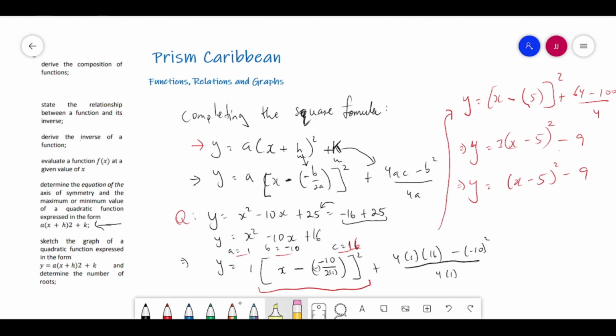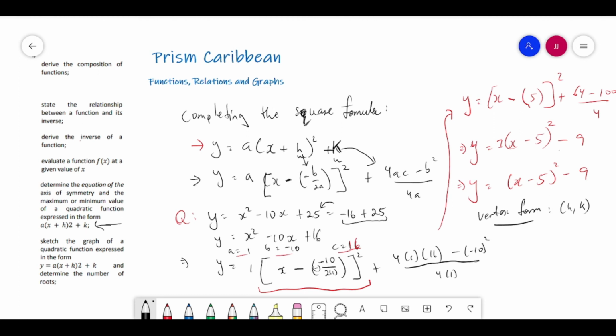There's one more thing I would like to show you all though. So let's say we want to find the vertex form, right? The vertex is simply h comma k, right?